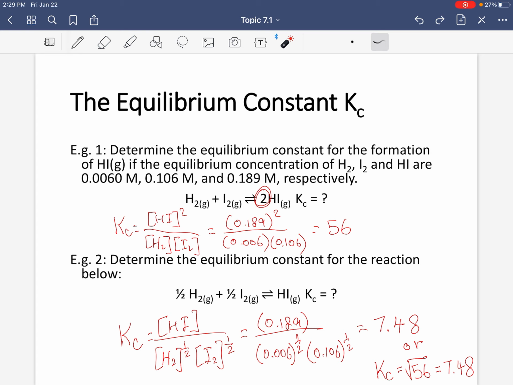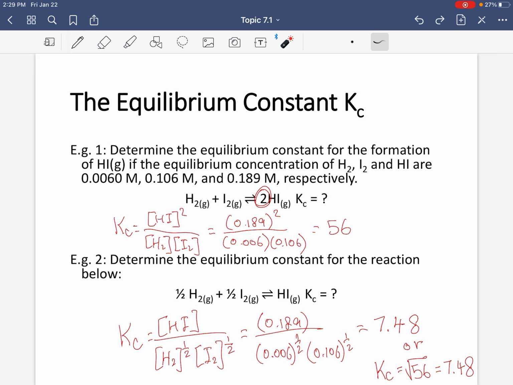If you decrease things by a quarter, same idea. Your new Kc will be to the power of a quarter, or in this case, the fourth root. Doesn't this look so ugly?